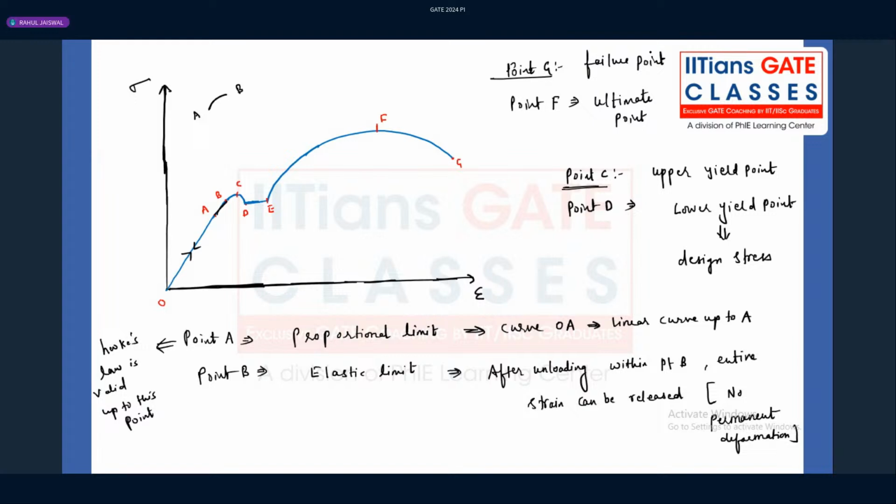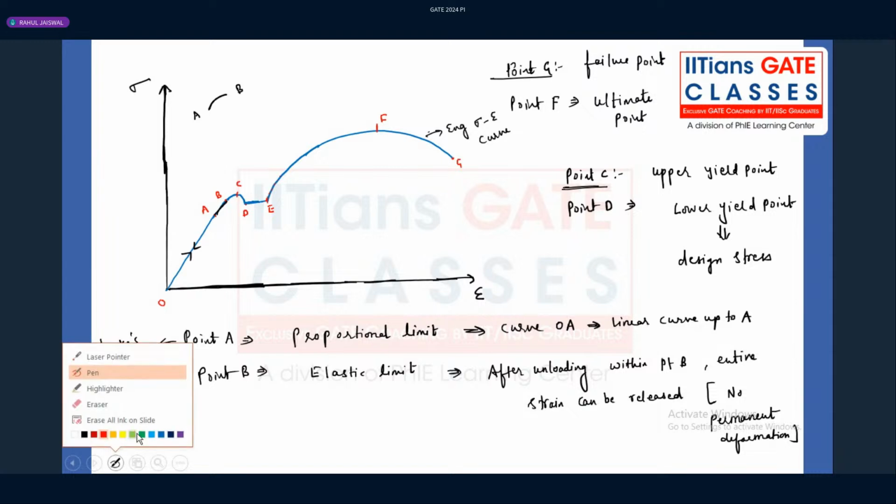So this particular graph is nothing but an engineering stress strain curve. What is this graph, guys? It's an engineering sigma, or stress, strain curve. Then what about true stress strain for tensile loading? It will be like this. It will start deviating from a point here, something like this.